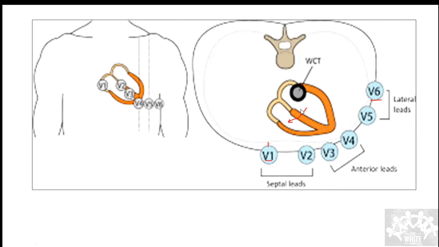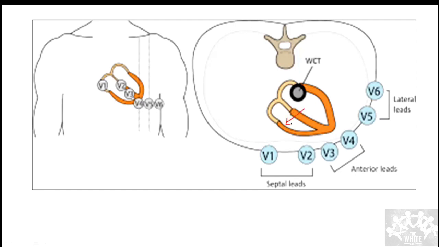Left to right activation is nothing; it's just that the septum is activated from the left side to the right side. The current comes like this and goes like this. Following that, the impulse comes like this and activates the ventricle, and then the impulse moves backward.